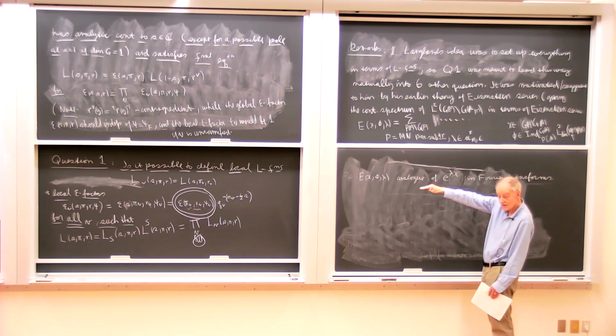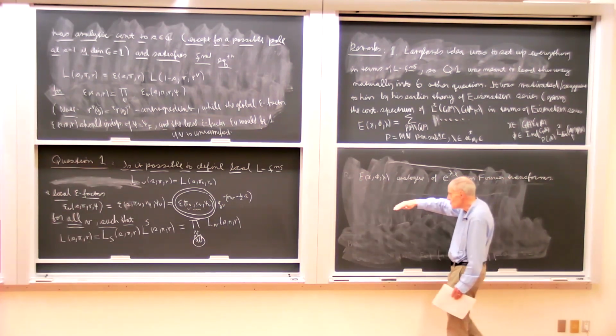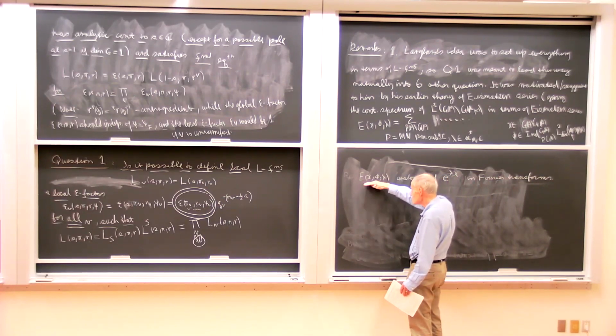The mapping here is the exact same thing, except with a more complicated kernel, e to the x lambda.